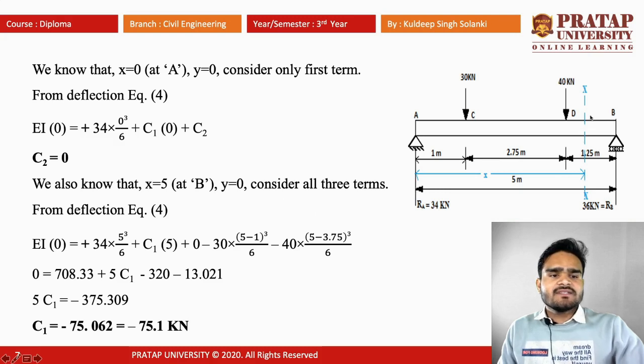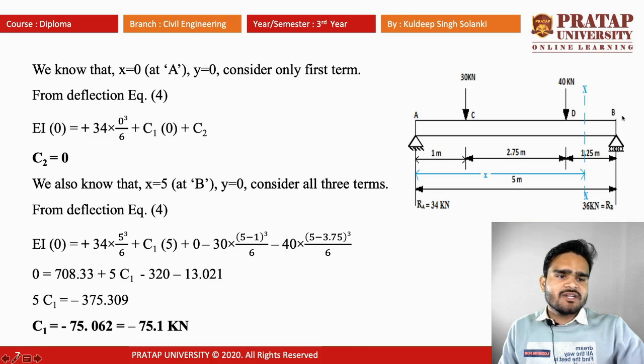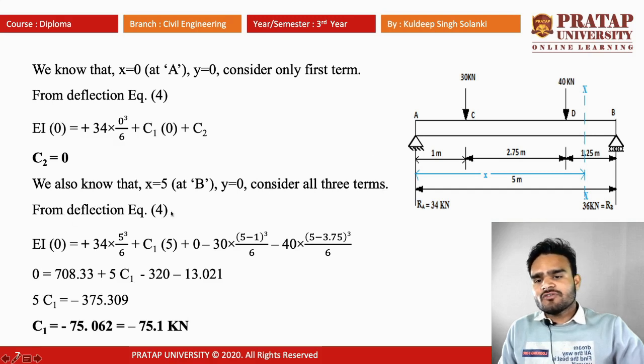In this case, this is the region D to B, so we consider all three terms. From deflection equation 4, put the value of x equals 5 meters and deflection y equals 0. So EI y plus 34 times the x value 5 meters cubed over 6, plus C1 times the x value 5 meters, plus C2.